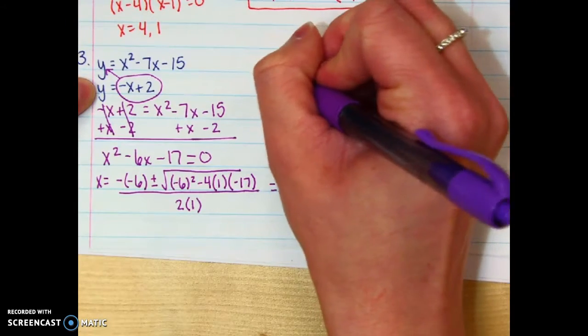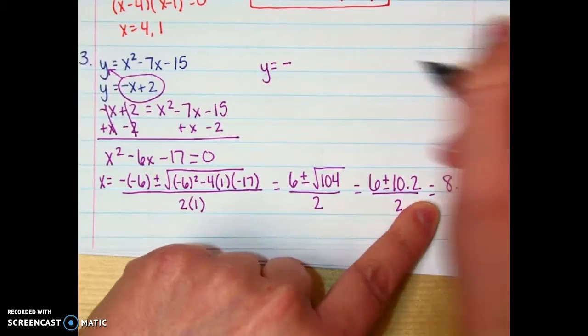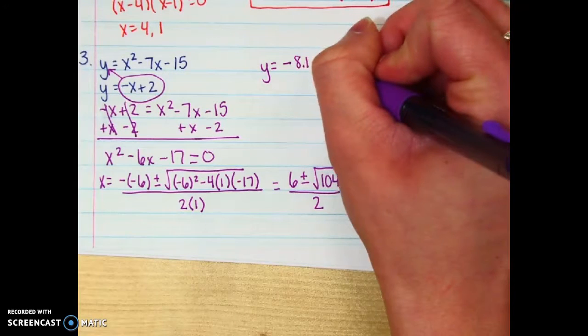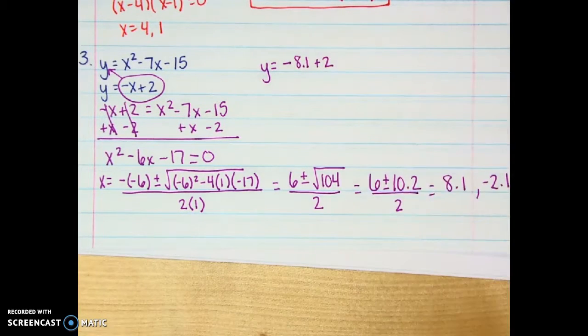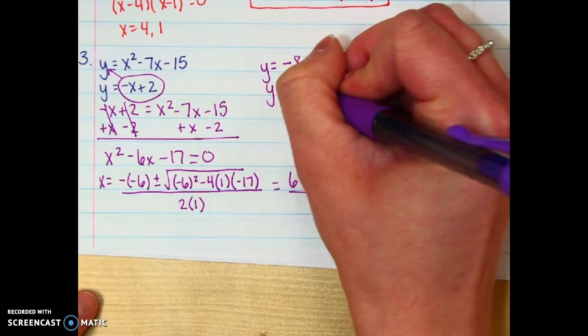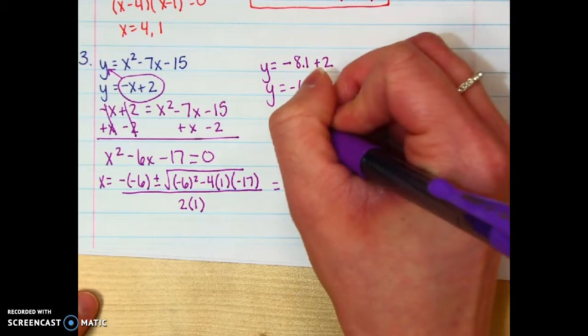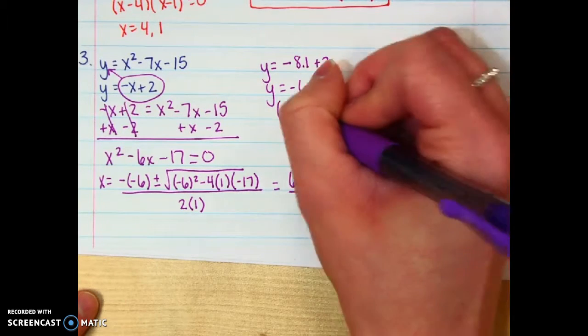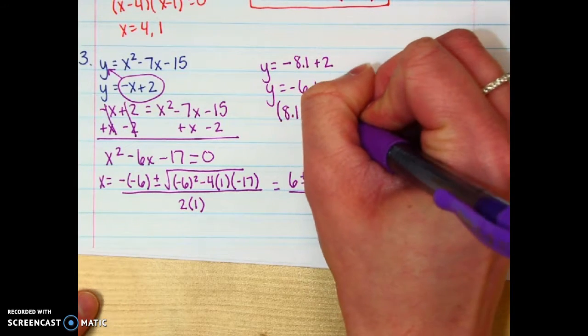So y equals negative 8.1 plus 2. So that means y is negative 6.1. So first point is going to be 8.1, negative 6.1.